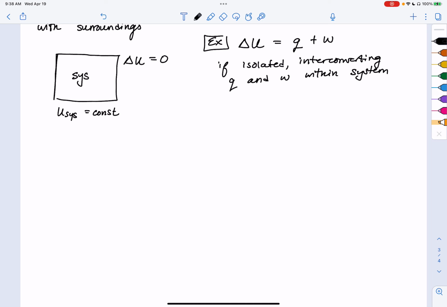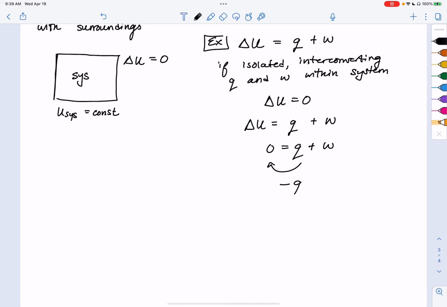But let's think about what would need to happen mathematically if delta U was equal to 0. So I've got delta U, which is equal to the heat in my system and the amount of work that's in my system. And if this is equal to 0, then I could move over one of my variables and I get that heat and work are equal and opposite. So whatever I transfer away from heat, it's going to be turned into work absorbed by the system, and vice versa.